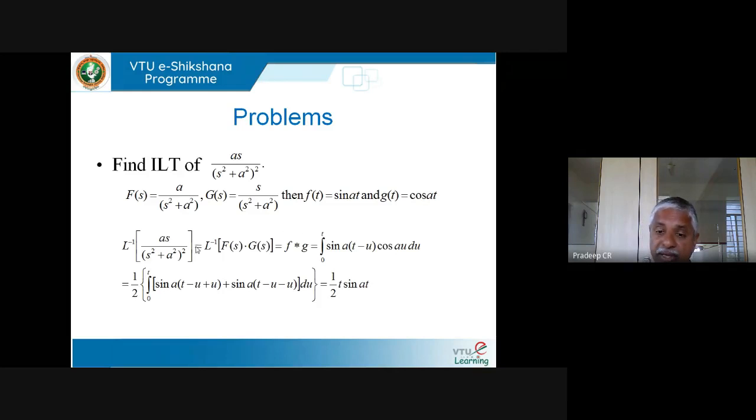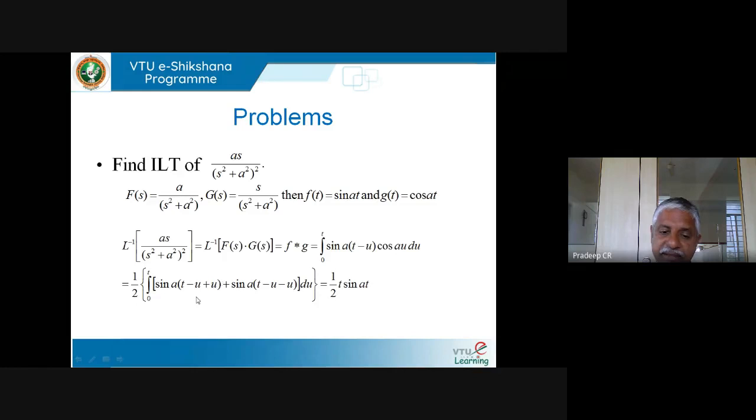I hope I have written the formula correctly here. The formula for what? The integral of sine a into cos b is half of the integral of sine of a plus b plus sine of a minus b. I have written this here.